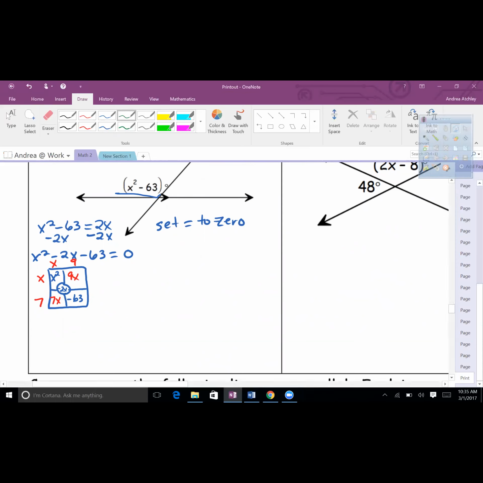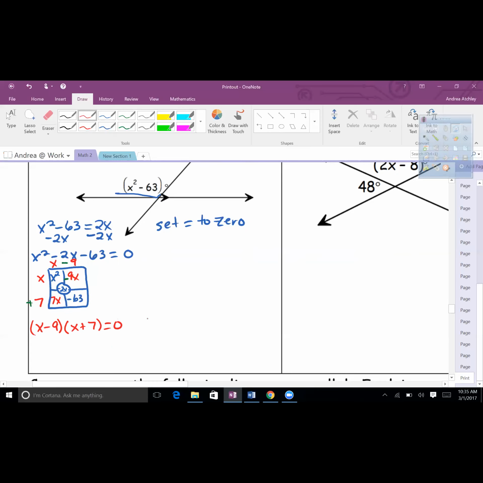I want a negative 2. So which one needs to be negative? 9, the bigger number. So from there, my factors are x minus 9 and then x plus 7.